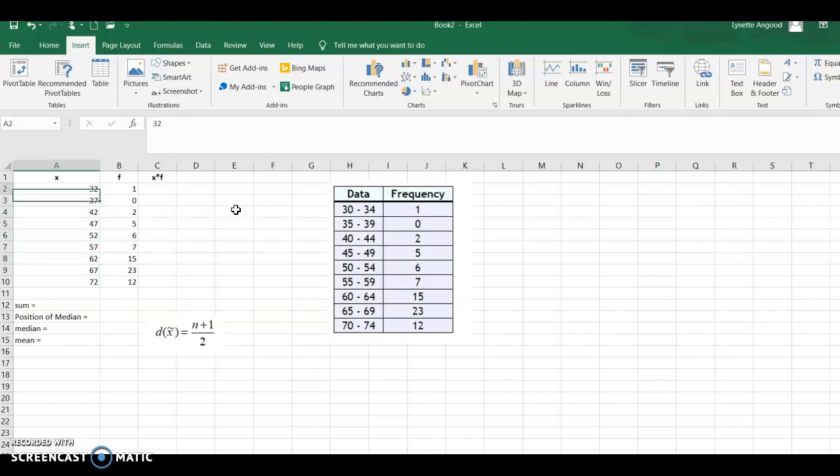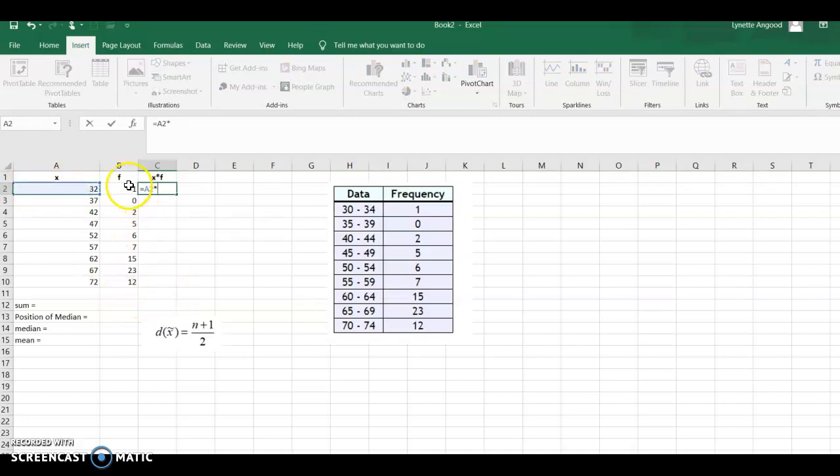Now when you have a frequency table where the pieces of data don't necessarily occur only once, but numerous times, which is what the frequency represents, we have to calculate the value of x times f. There is a video in Canvas that demonstrates this, but this is just an additional one. I'm going to type equals and then click on the cell containing x, times the cell containing its frequency, and hit enter.